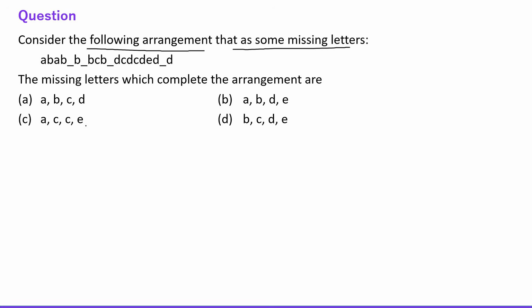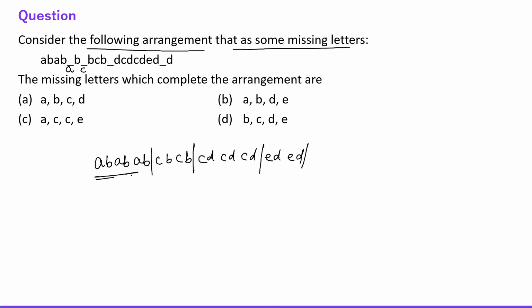So here option C is the correct answer, and the pattern is: AB, AB, AB, CB, CB, CD, CD, CD, ED, ED. This is the pattern.